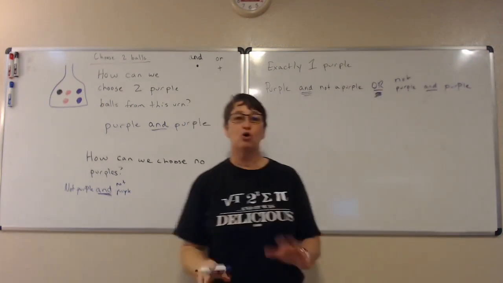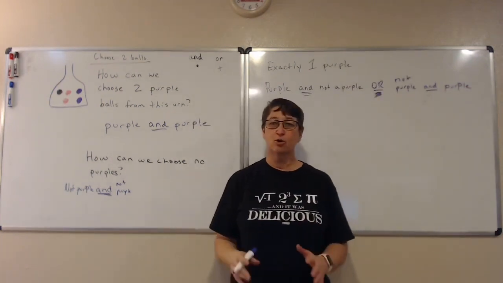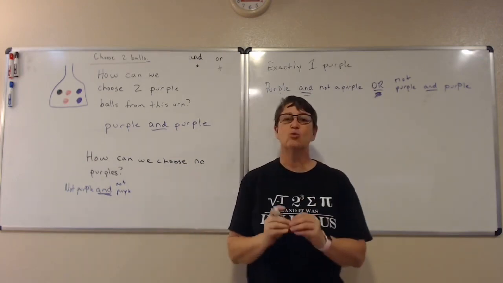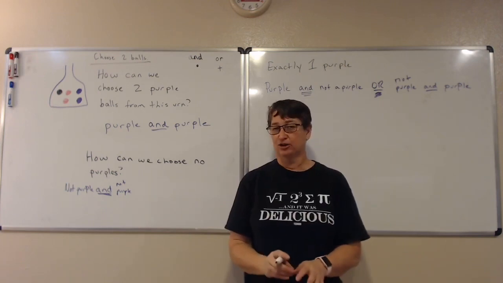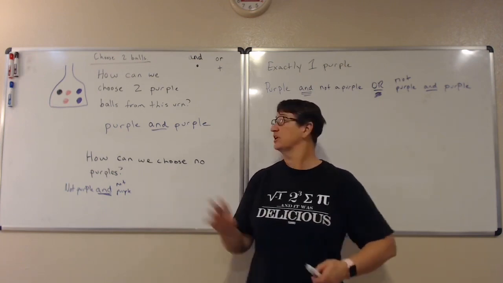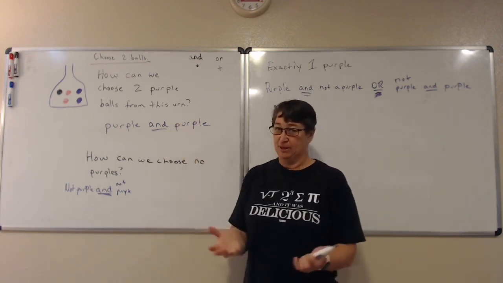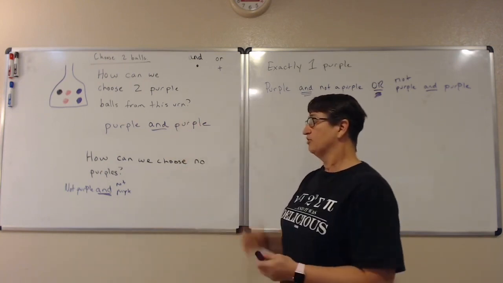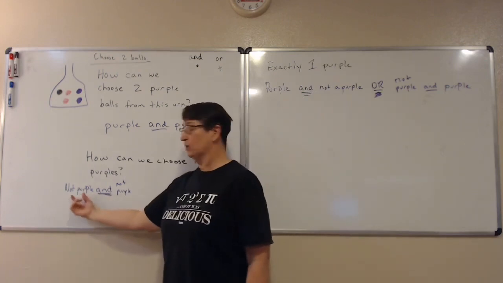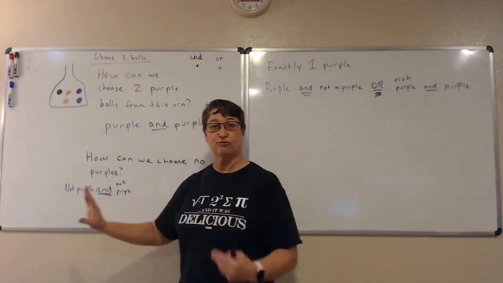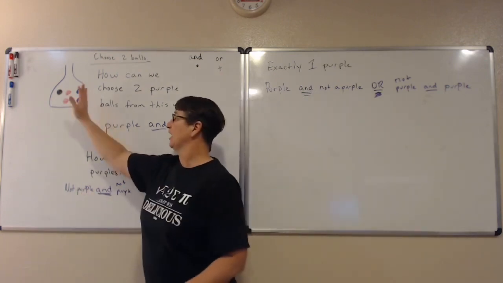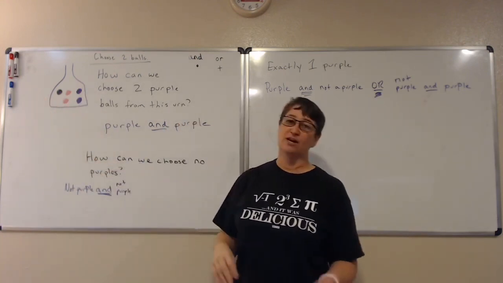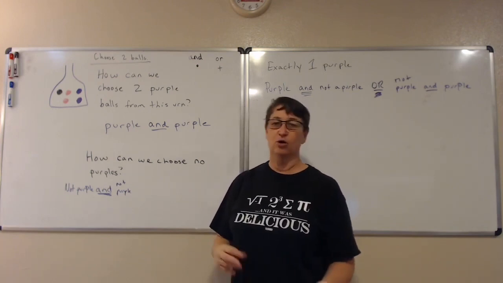Okay, so this is the whole idea of that very first homework that you're doing. All I want you to do is describe in words how you could go about getting those different things that are happening in the scenarios. And also notice that sometimes there's an easier way to do it, and just dividing it up into two different categories like purple and not purple might be easier than saying, well, I could get a red and a red, or a red and a black, or a whatever.